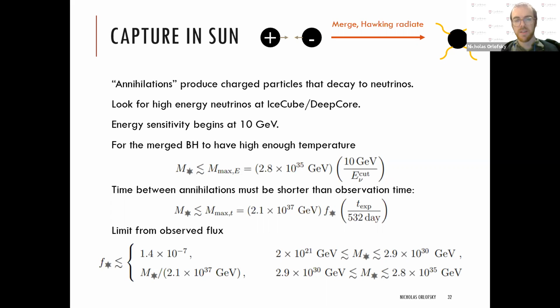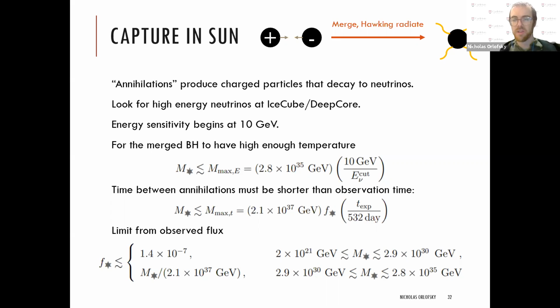So we looked at a 3-year observation run with IceCube, and then compared essentially the flux of neutrinos that we would expect from this Hawking radiation to the flux that's observed by IceCube, and we're able to set a bound.